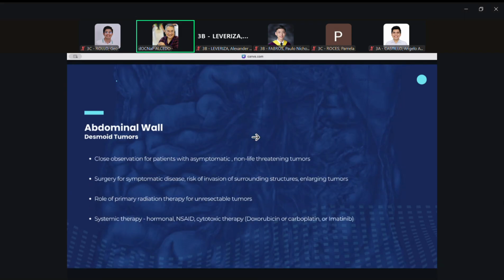So if they are asymptomatic, abdominal wall desmoid tumors can just be observed because these are non-life-threatening. If it becomes symptomatic, then you advise surgery. Okay? Because enlarging tumors can invade surrounding structures by external compression. No? So sometimes they can also invade infiltratively, and there's a role for radiation therapy for these instances. No?